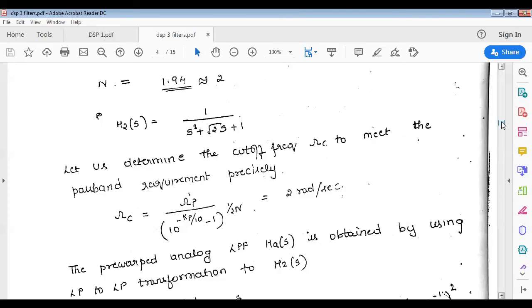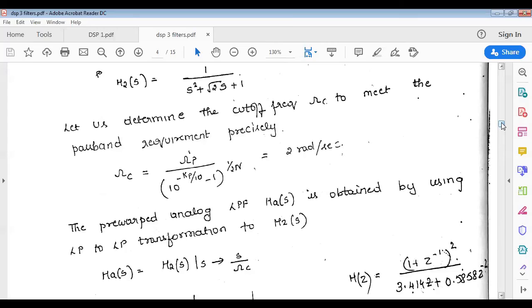Once we get omega c as 2 radians per second, we know that the low pass filter we have designed has to be converted using a low pass to low pass transformation. Referring once again to the transformation table, instead of s, I have to replace s by s by omega c, where omega c is 2 radians per second, that is s by 2.